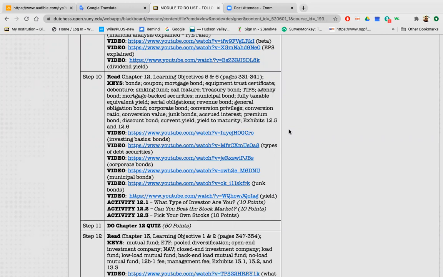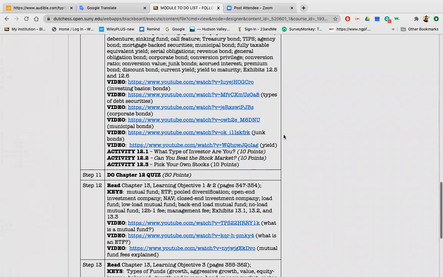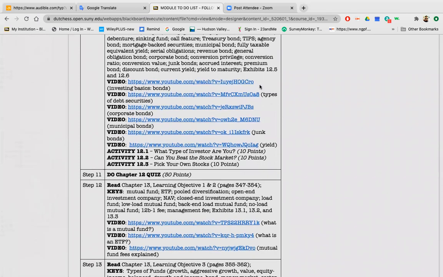But the bond market is actually quite important, and you're going to understand a little bit about what a bond is, the interest rates, which we used to call coupons back in the day, and the different types of bonds that are available. It's important to understand. And again, some good videos on the basics of bonds are listed here for you.